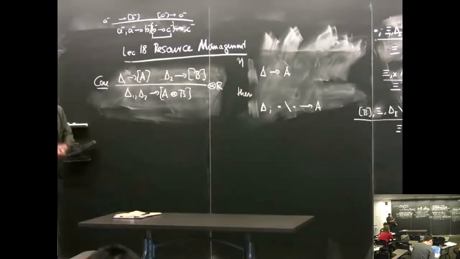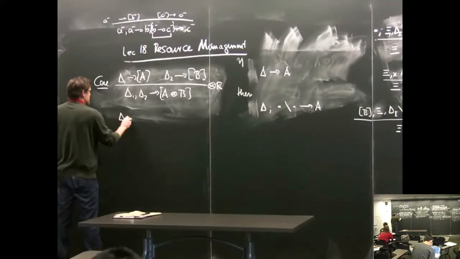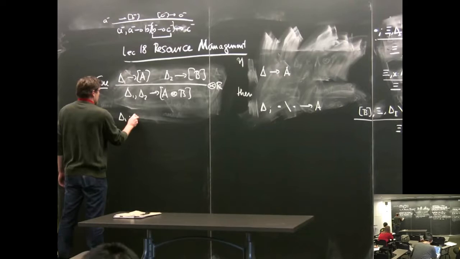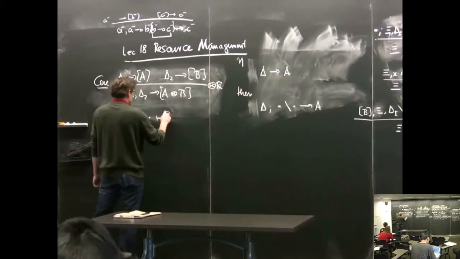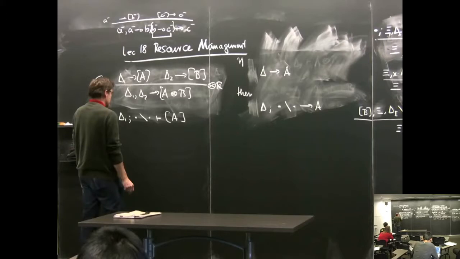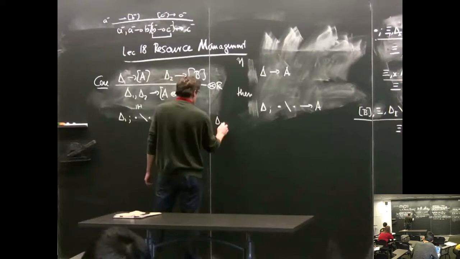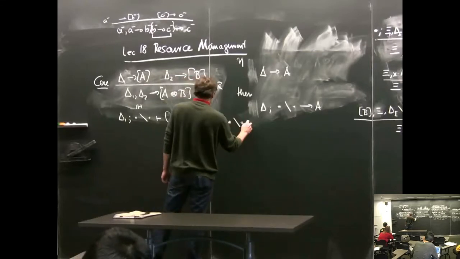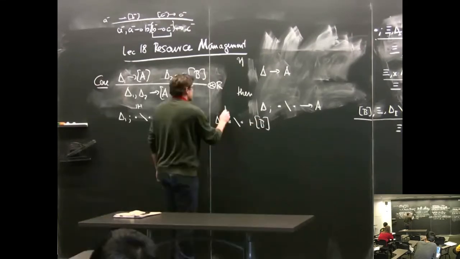Okay, by induction hypothesis, we get delta 1 with nothing here proves, actually I wrote it with the turnstile, forgive me for that, A in focus. And by induction hypothesis, we also get delta 2 with nothing here proves B. And that's also by induction hypothesis.